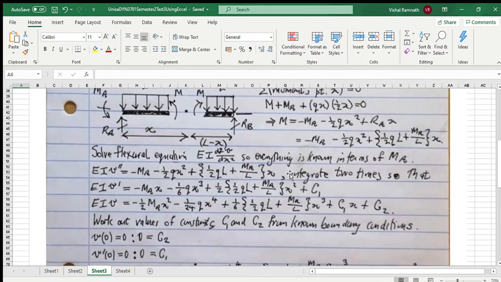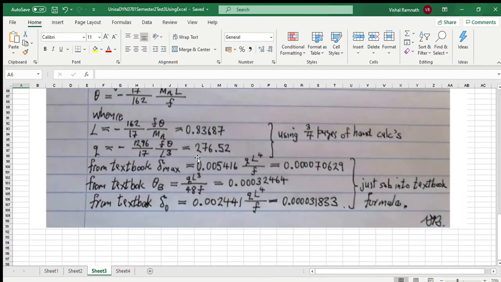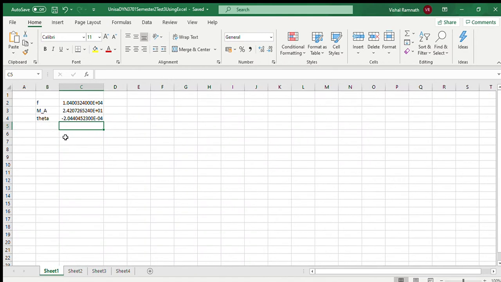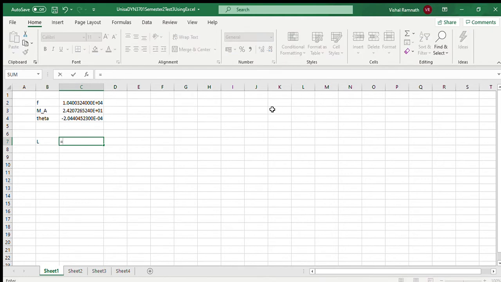We did the analysis, and now we just want to work out some results. So we're going to use the formula for the length, which is minus 162/17 F theta over MA, and then I will show how to enter this in Excel. So if we want to work out a value for L, we will say in the cell it is equal to, and then we put in the information.